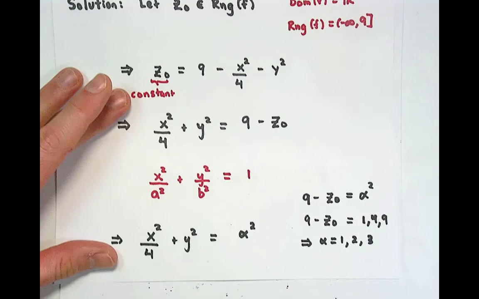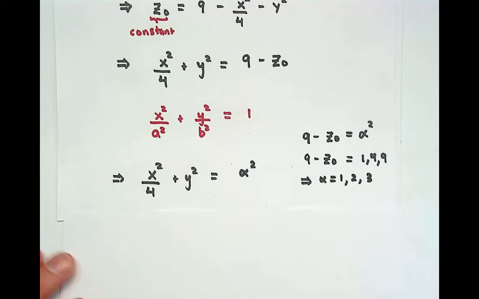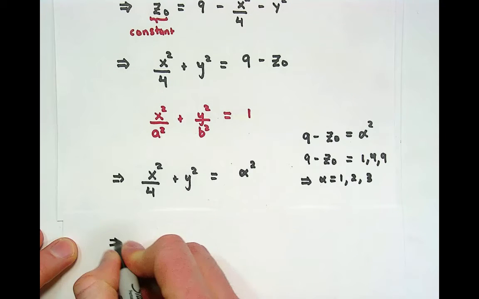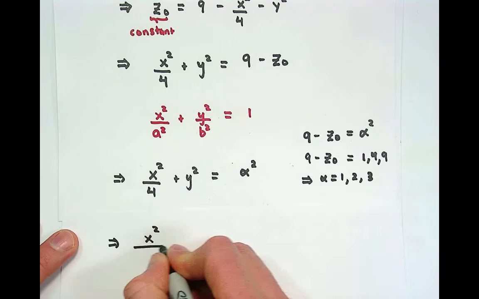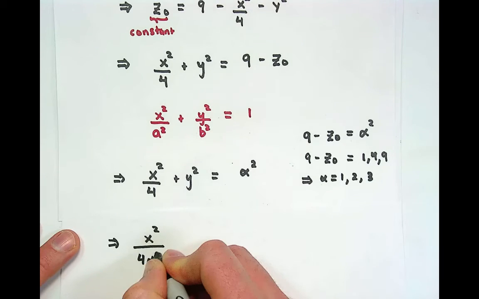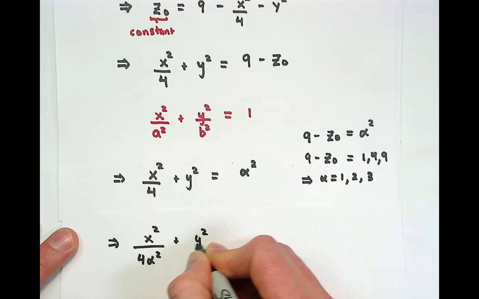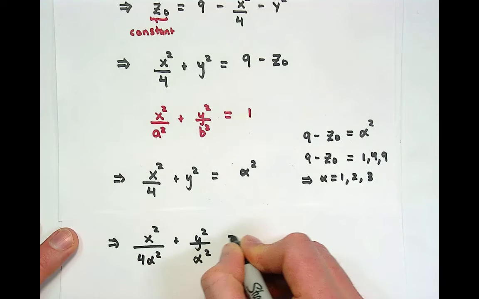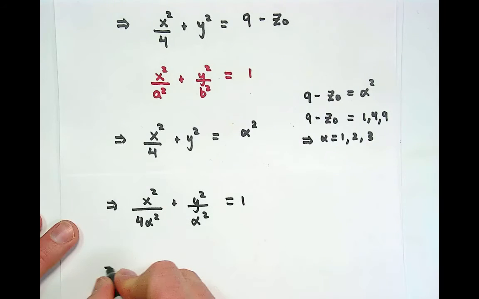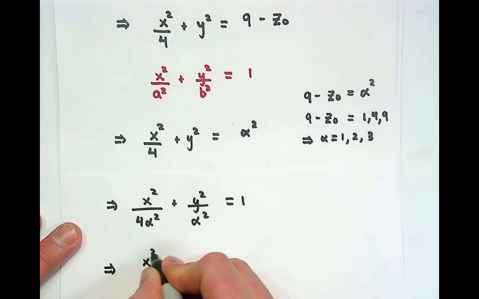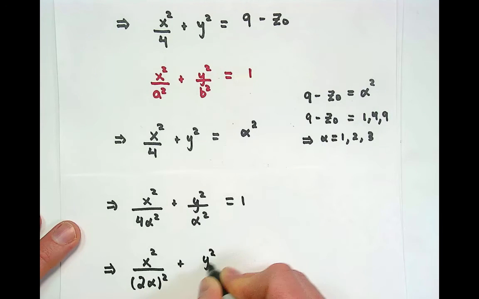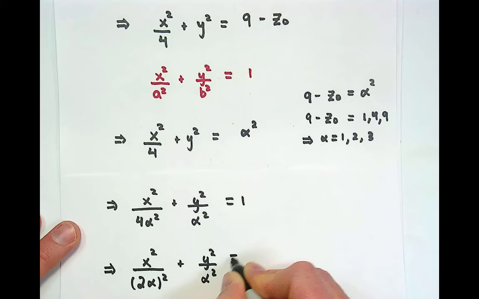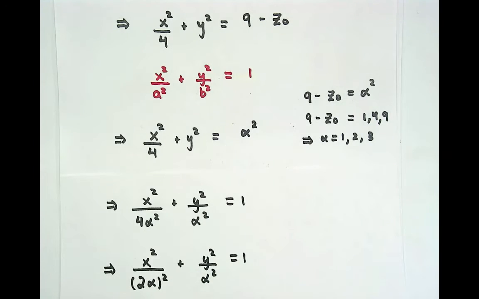And the really nice thing about doing this is we get some really, really beautiful equations out of this, right? If I divide both sides by alpha squared, I get back to my general ellipse formula. So this would now be x squared divided by 4 alpha squared plus y squared divided by alpha squared equal 1. And of course, here this is x squared divided by the quantity 2 alpha squared plus y squared divided by alpha squared equal 1.